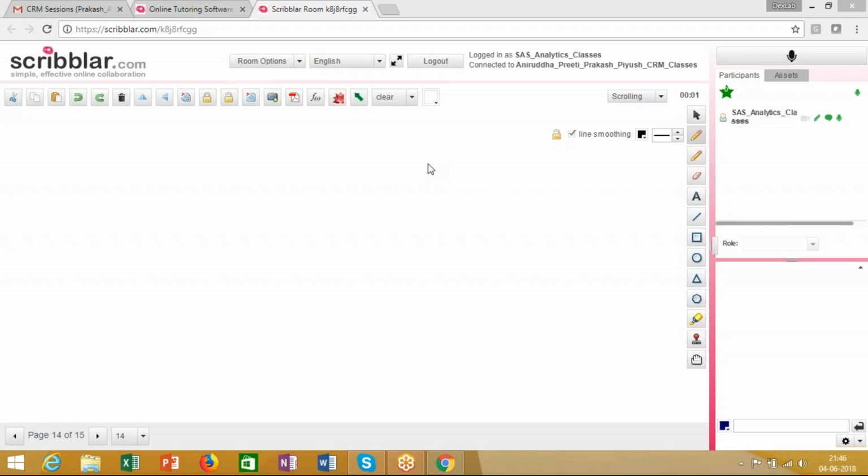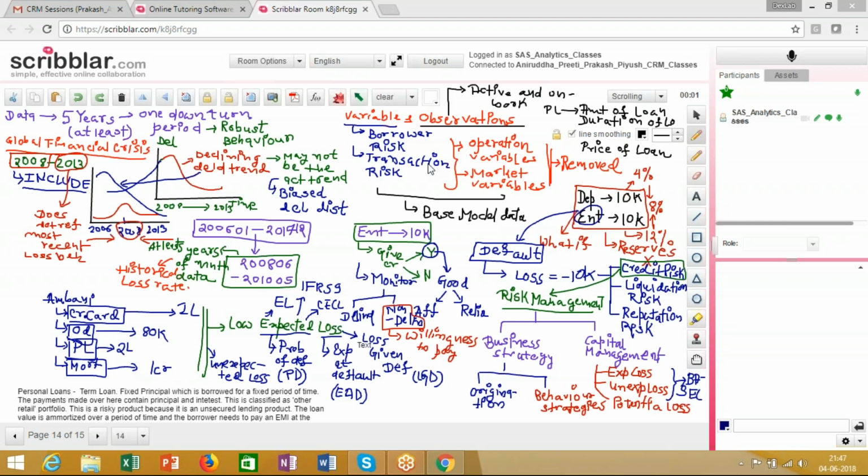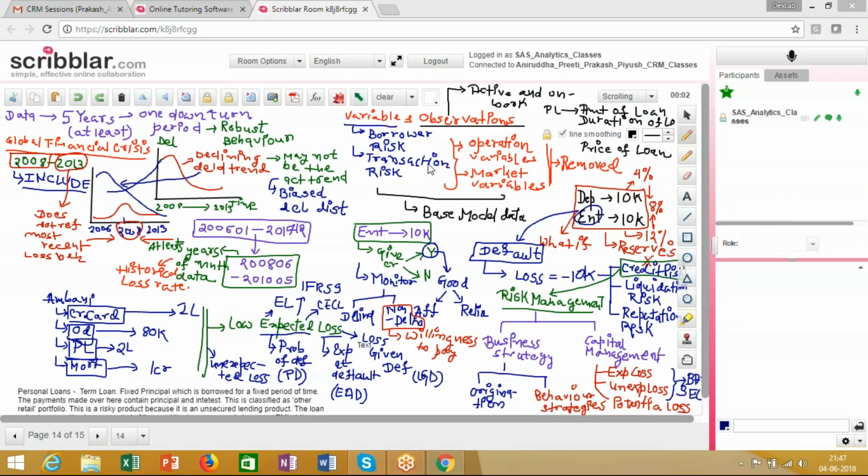Since there are a large number of households, the number of accounts in the retail sector is very large, whereas the per unit exposure of a retail loan is very less.